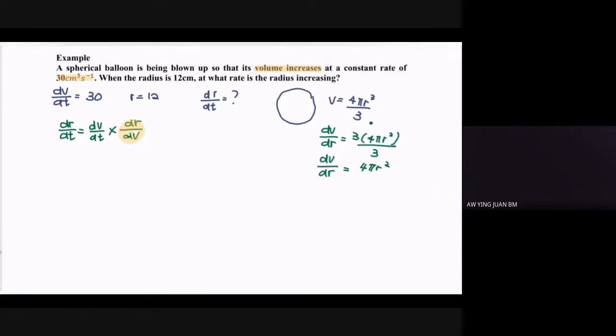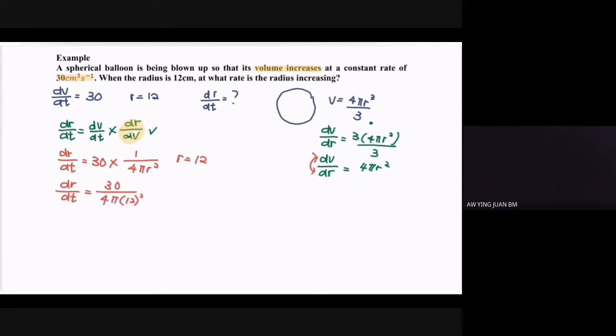Do remember to substitute the situation into the formula of chain rule. So in here we have dr/dt, which is equals to 30 multiplied with, flip the situation. So we will have 1 over 4 pi r squared, where r is equals to 12. So dr/dt will be equals to 30 over 4 pi r squared.